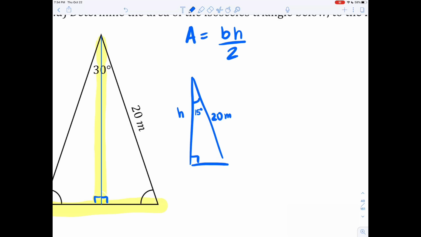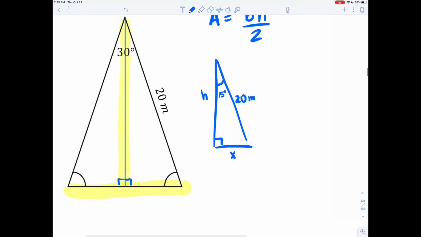Now, we can find the height of our isosceles triangle; it'll be the same as the height of the right angle triangle here. And we can find this value as well. I'm going to call it x. I'm not going to call it b because that's not the complete base, but just half of it, right?